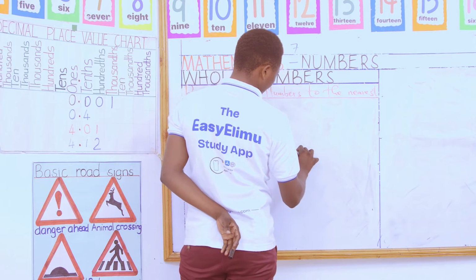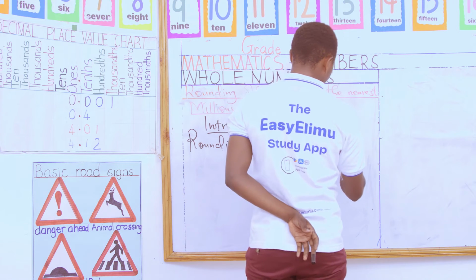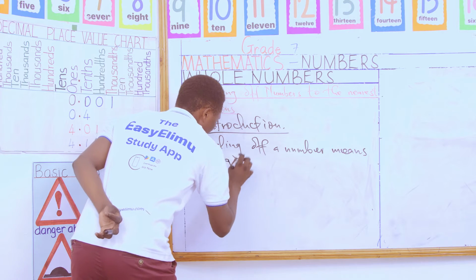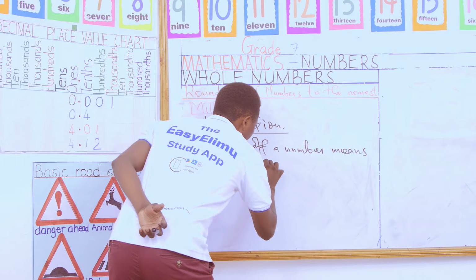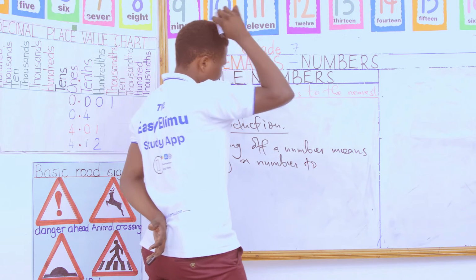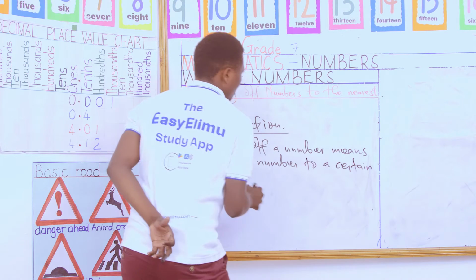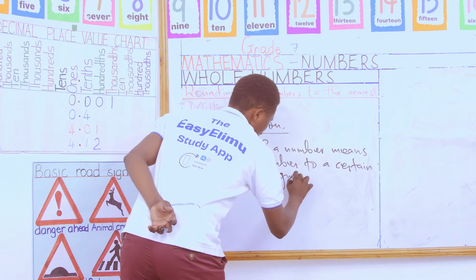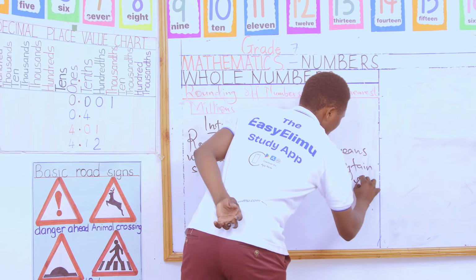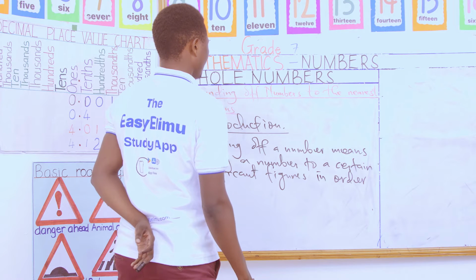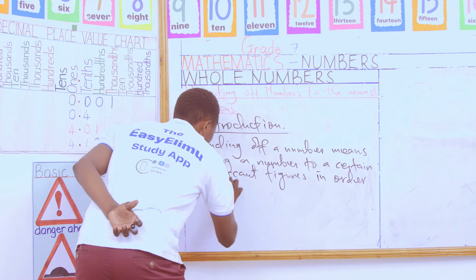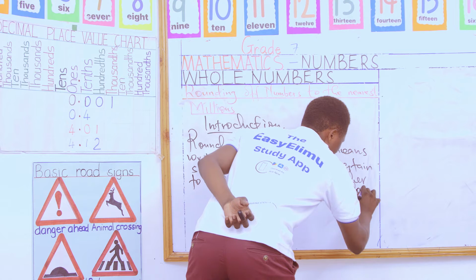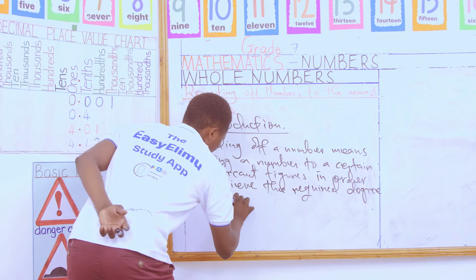So rounding off a number means writing a number to a certain number of significant figures, in order to achieve the required degree of accuracy.